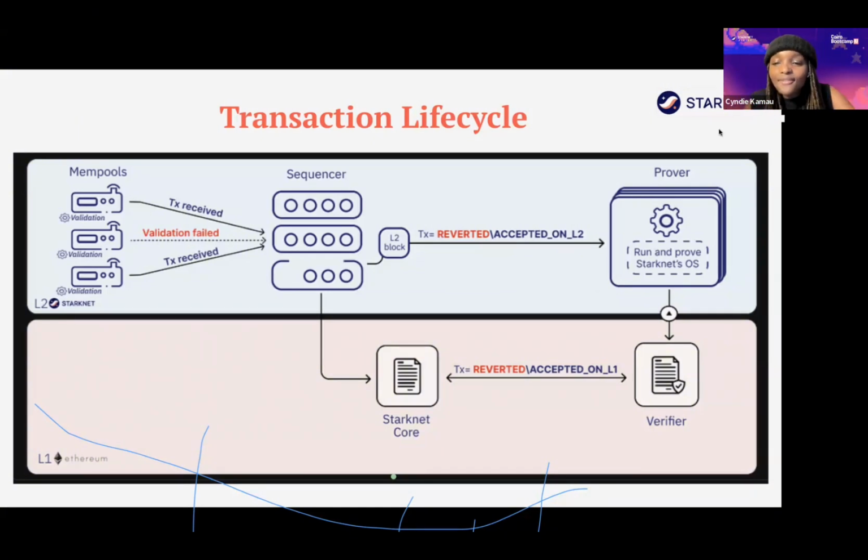Once it's gone through that cycle, just to show you how paranoid Starknet is, if a proof is generated here, it's not just directly sent to the verifier. Behind the scenes of the prover, you find that they iterate and confirm that, okay, we have this proof, let's rerun it again, let's confirm everything is okay, let's rerun it once more.